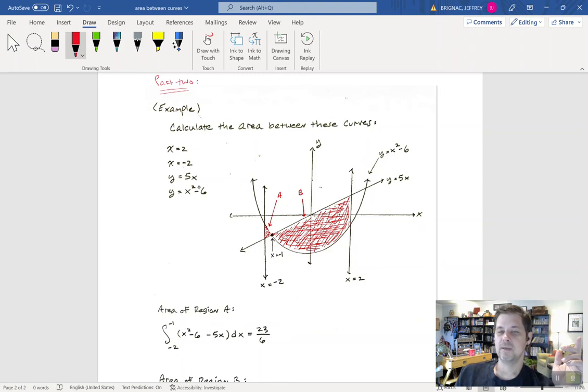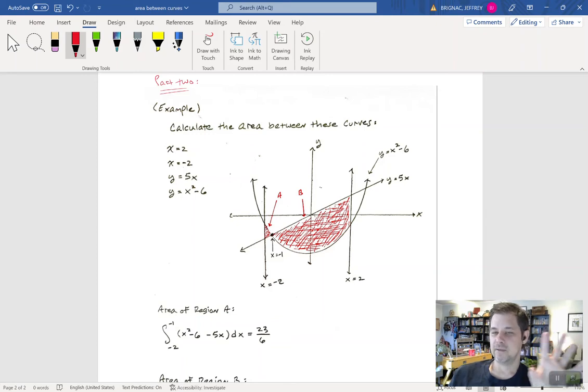And y is x squared minus 6 is this parabola like so. Now this graph is not to scale, but it is still accurate for our needs to set up our problem. What I notice about this is that this line and this curve cross over each other.